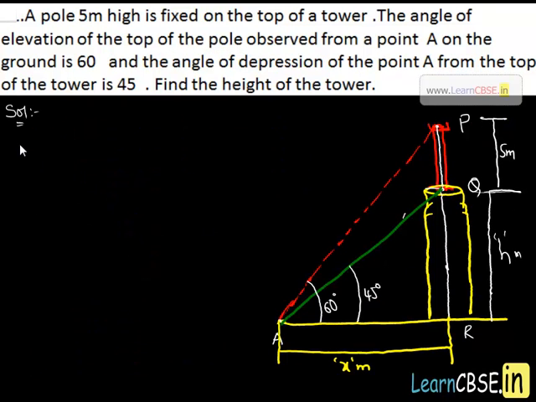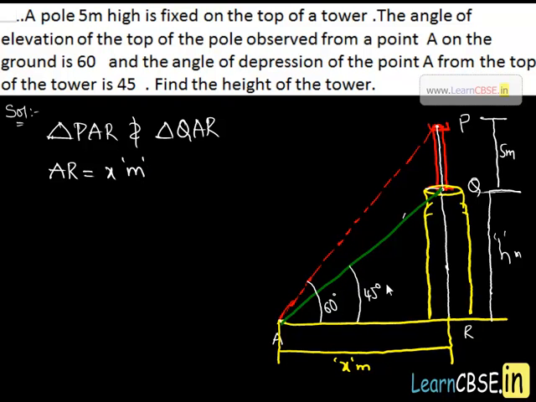From the diagram, we have two triangles, that is triangle PAR and triangle QAR. Both contain the common base AR. Suppose AR is equal to x meters.